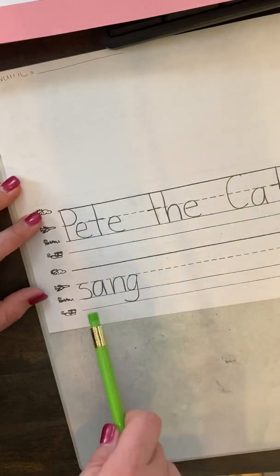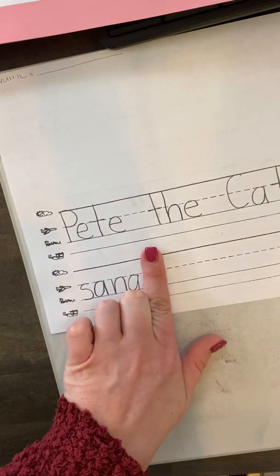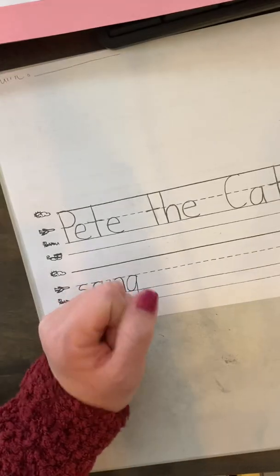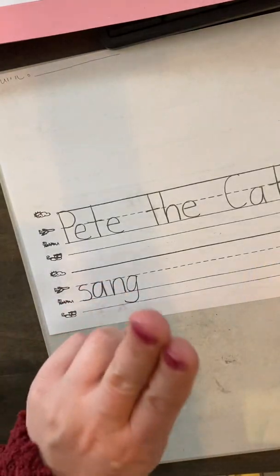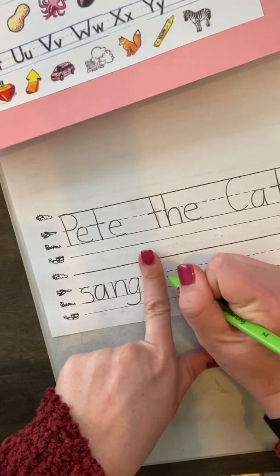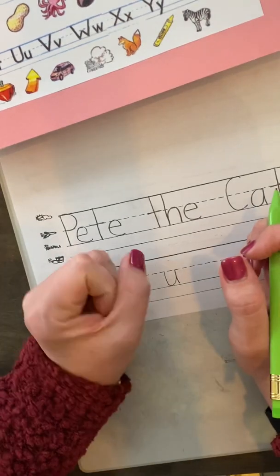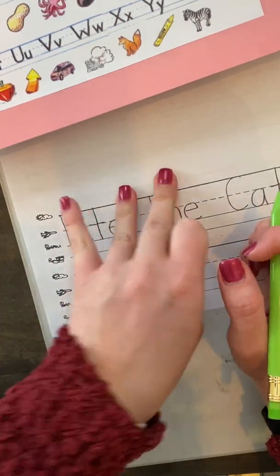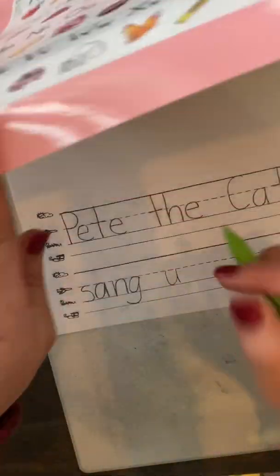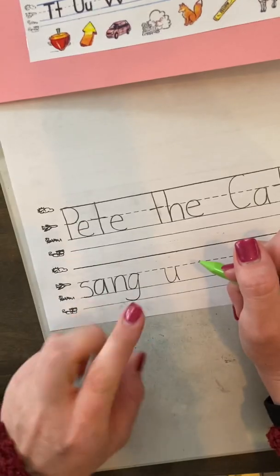Pete the cat sang, finger space, about. About. Okay, that's 2 syllables. Is my first syllable. You says so finger space. About. B-out. Bout. B says b. And those are syllables. About. So it's not 2 words. I don't do a finger space.